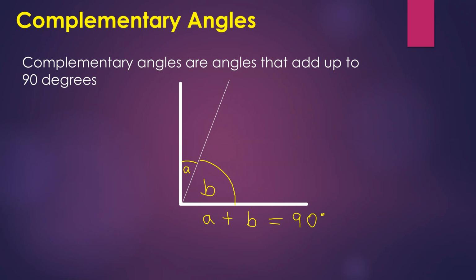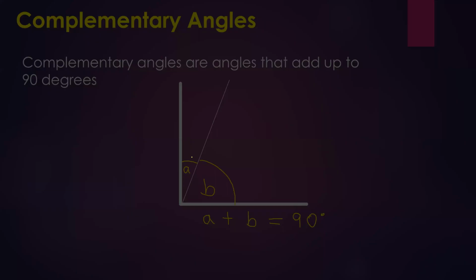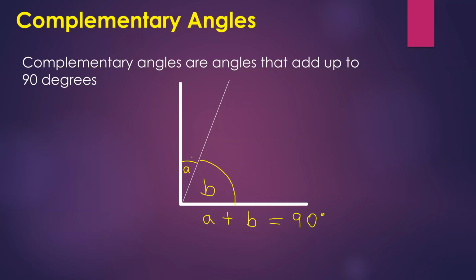And so two angles are called complementary angles if they add up to 90 degrees. That's the rule right there. So we call them complementary angles if their sum is 90 degrees. You add A and B together, and we should get 90 degrees.